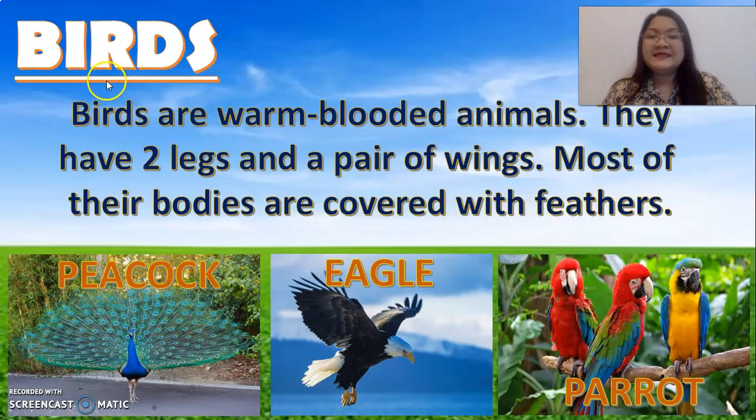When we say warm-blooded animals, these animals live on the land. Okay, very good. Again, when it is cold-blooded, they live in water. But when they are warm-blooded, they live on land.